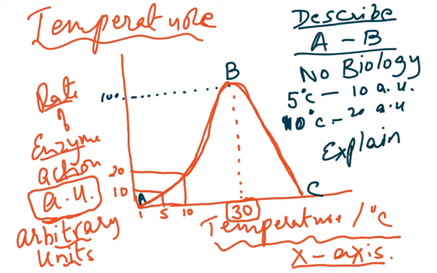What you write in describe is very specific. The answer must be specific to the graph. At 5 degrees, this is the rate of enzyme reaction. At 10 degrees, this is the rate. At 15 degrees, this is the rate. So you will give me figures for that, and that will get you your marks for the describe part.